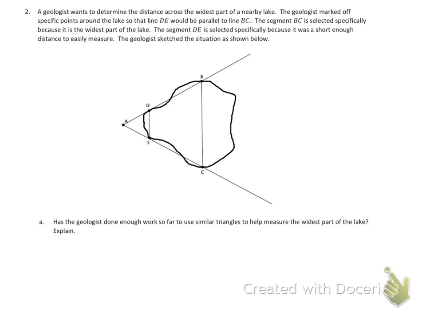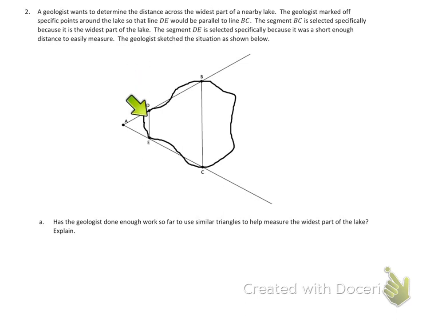Okay, this next problem has to do with measuring the distance across a lake indirectly. A geologist wants to determine the distance across the widest part of a nearby lake. The geologist marked off specific points around the lake so that line DE would be parallel to line BC.